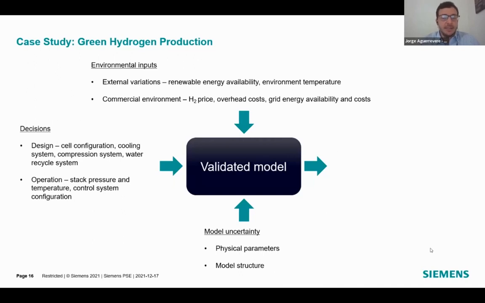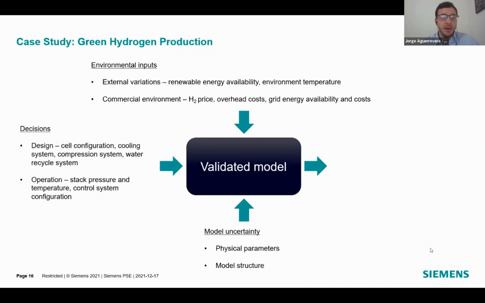We validated this model based on data, and we get a certain degree of confidence that the model is predicting properly. But when we tune parameters, it's important to recognize that quite often there could be an uncertainty there, and it's possible to look at these parameters that we estimated. How much do they really impact what the model is predicting?